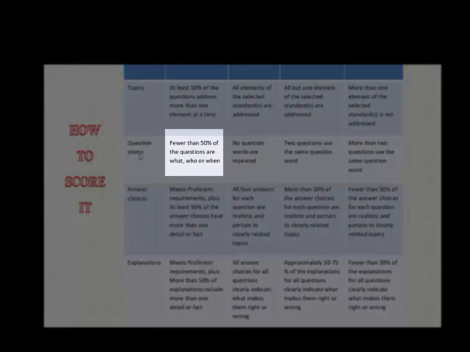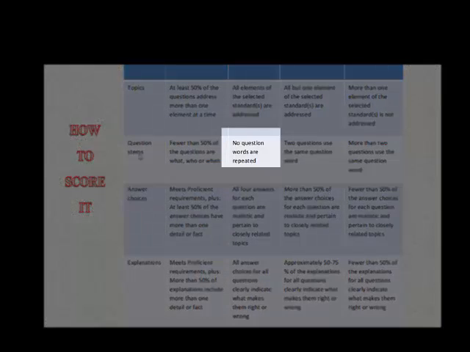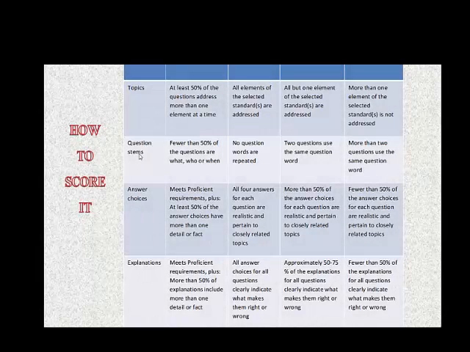If you look in the advanced category, we see that fewer than 50% of the questions are what, who, or when, and even to hit proficient they're going to have to avoid repeating any question words. So we are insisting on variety and therefore requiring agility and breadth in our students' thinking.